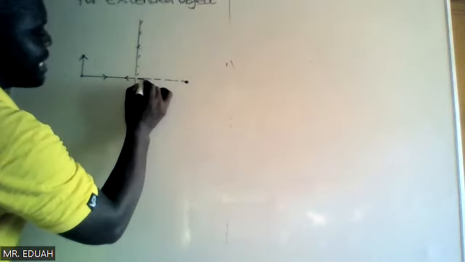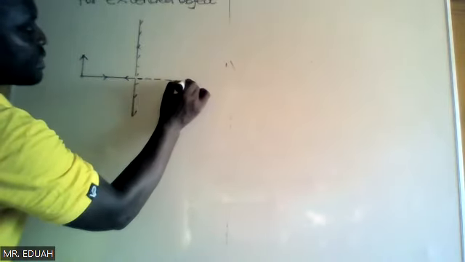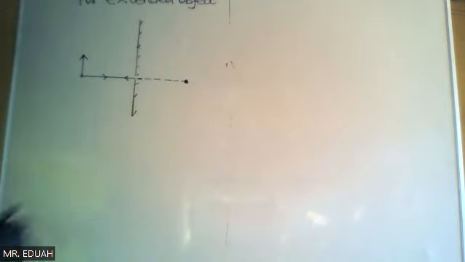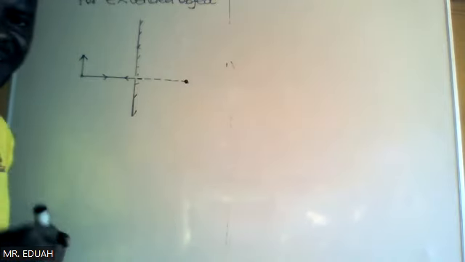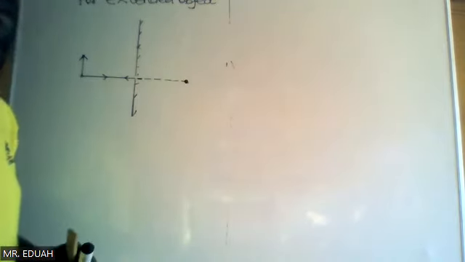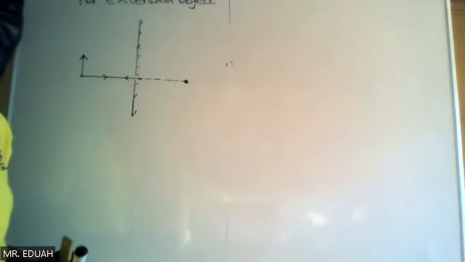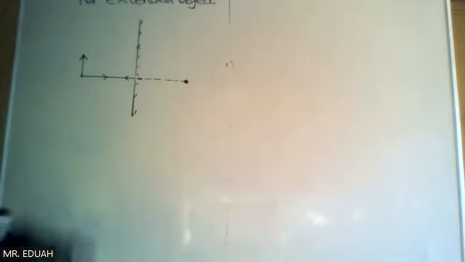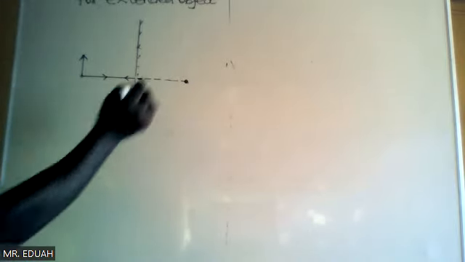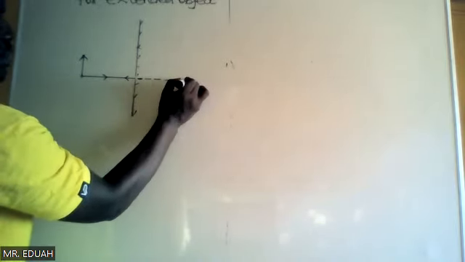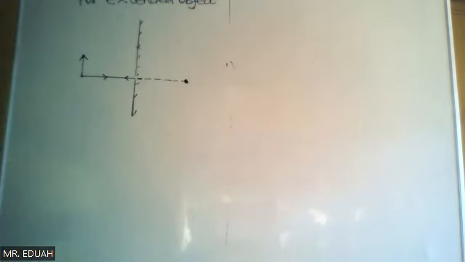This part is indicated as a broken line because the image is virtual. The image isn't actually formed at that point. That is the reason for indicating it as virtual. So straight away you have the position of the foot.